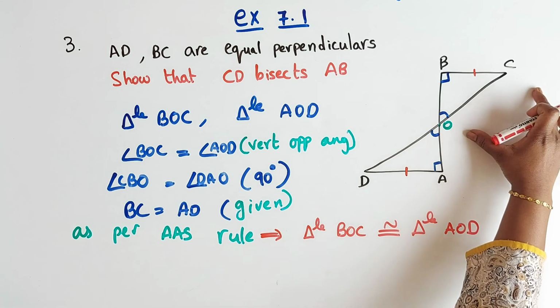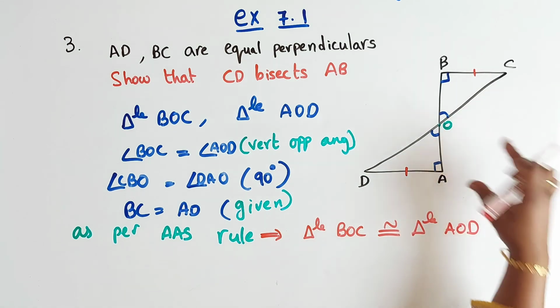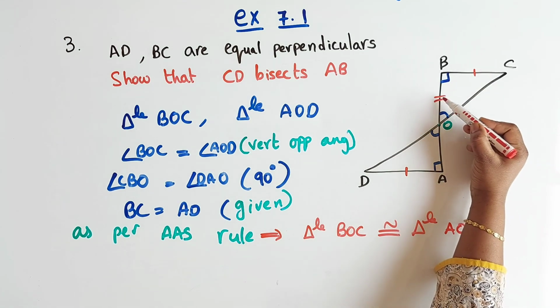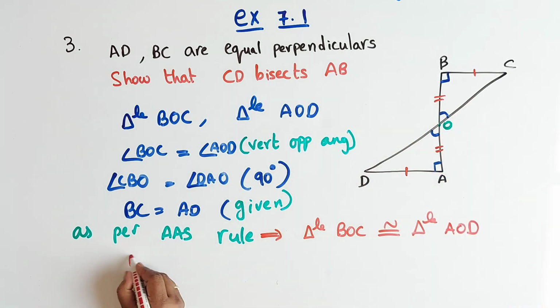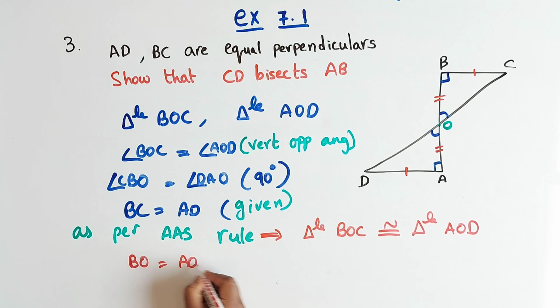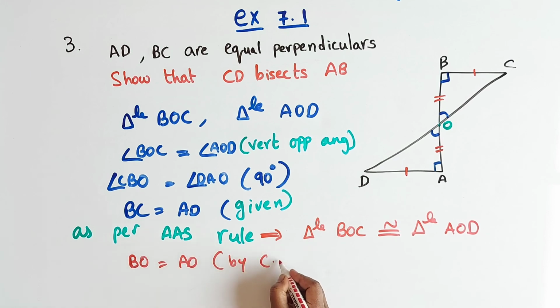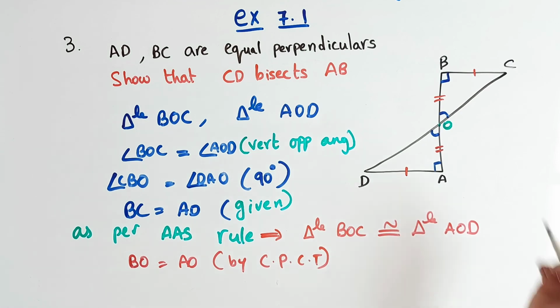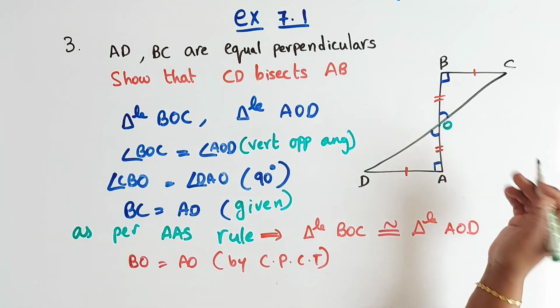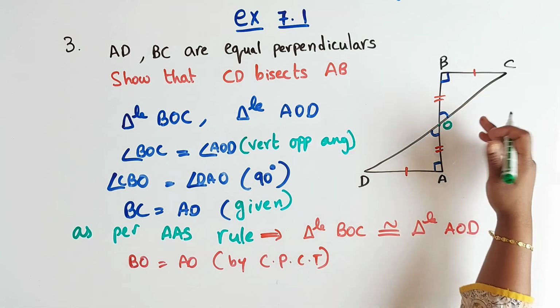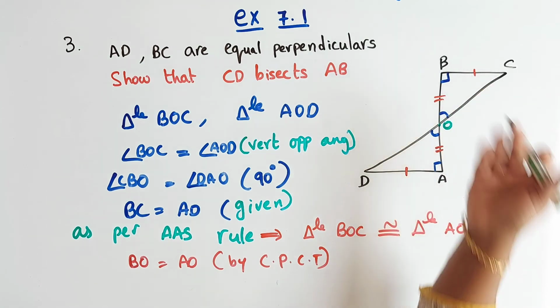Now BOC triangle is congruent to AOD triangle, children, so we can make side BO equal to AO, right? I am writing here BO equal to AO by CPCT. That means BO is same size as AO, right? So both are equal, which means CD line is bisecting AB line.